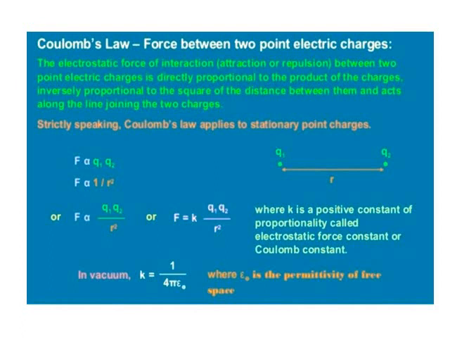In vacuum, it is equivalent to 1 upon 4 pi epsilon naught. Here, epsilon naught is called the permittivity of free space. So, we can write Coulomb's law in terms of SI units as F is equal to 1 upon 4 pi epsilon naught, Q1 Q2 upon r square.